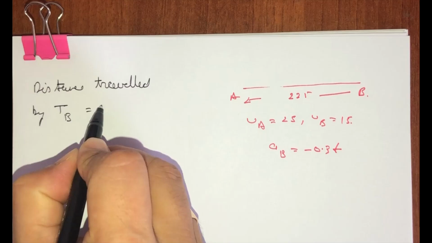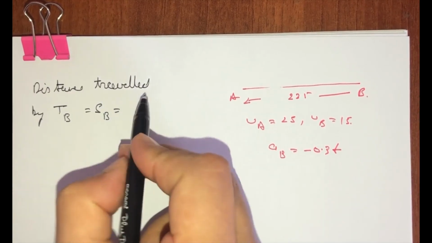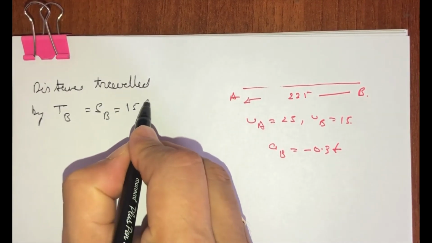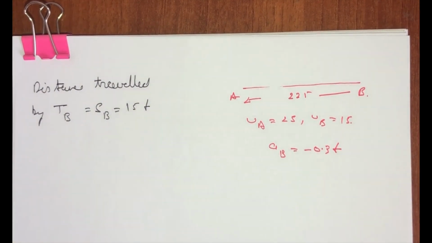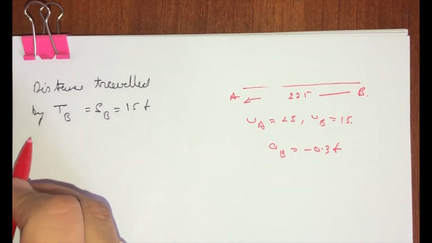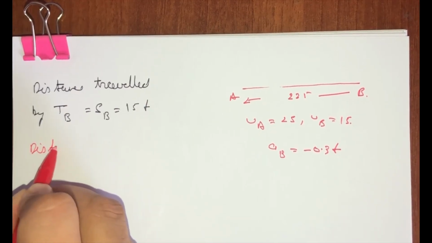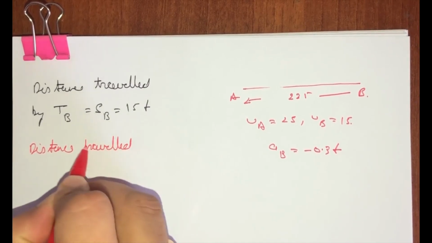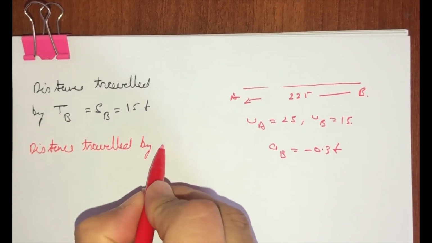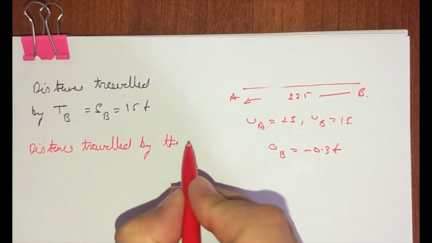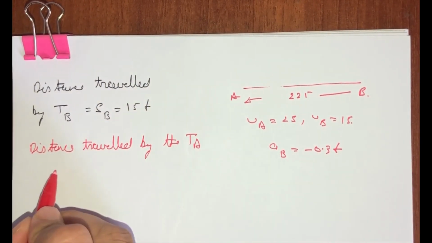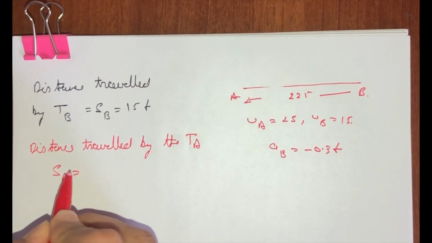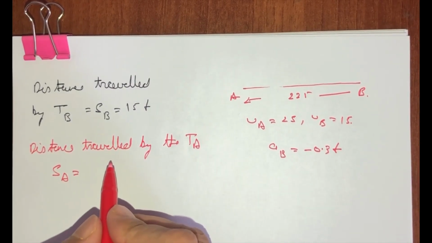Let us call that SB, and that will be equal to 15 multiplied by time t. Similarly we can find the distance traveled by train A. Let us call this SA, and that will be uniformly decelerated motion.